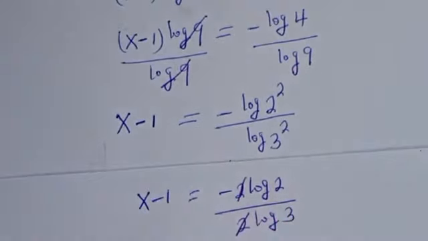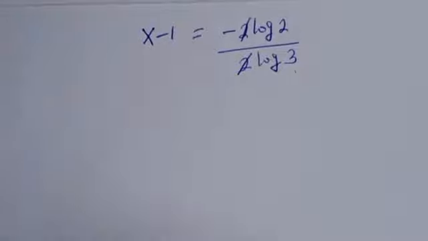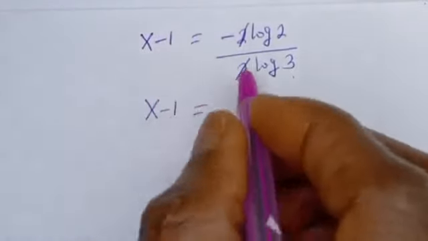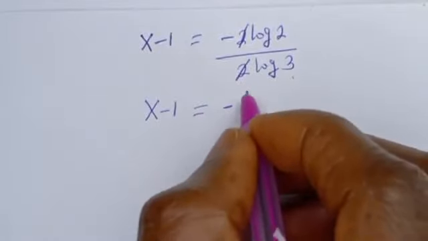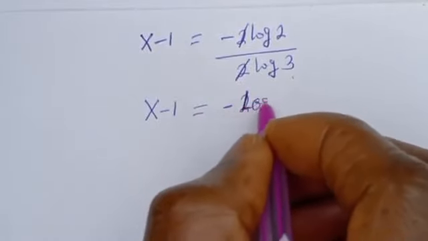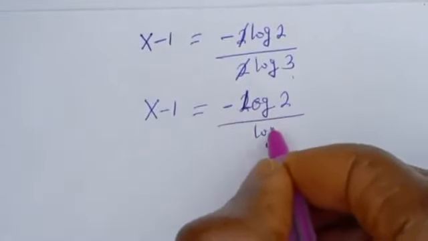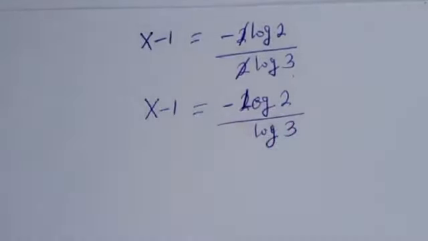This will cancel this. Then x minus 1 is equal to minus log 2 over log 3.